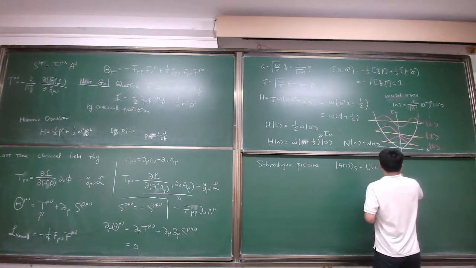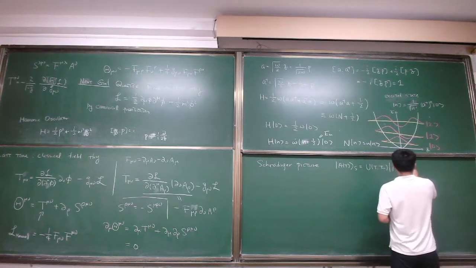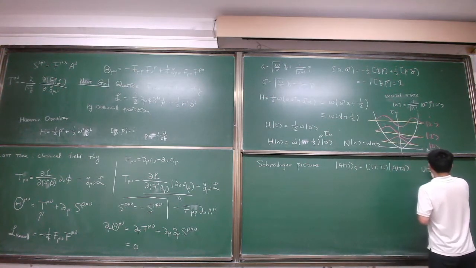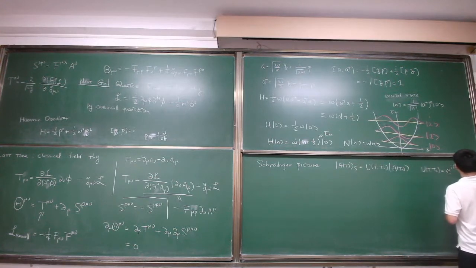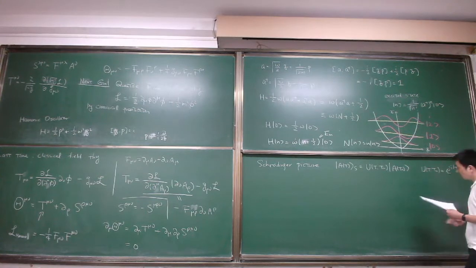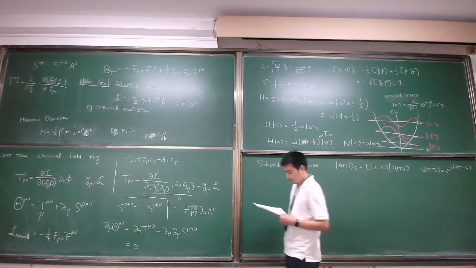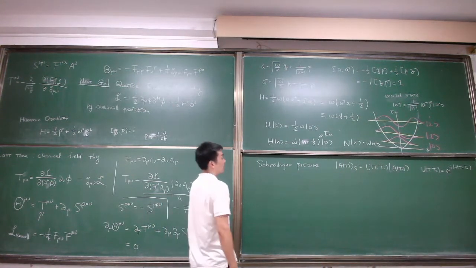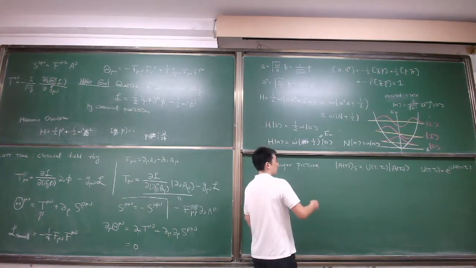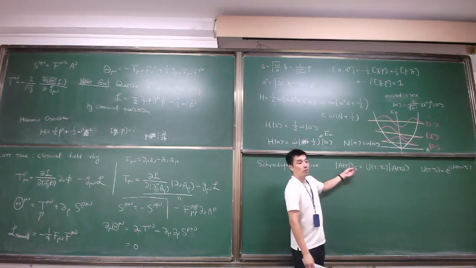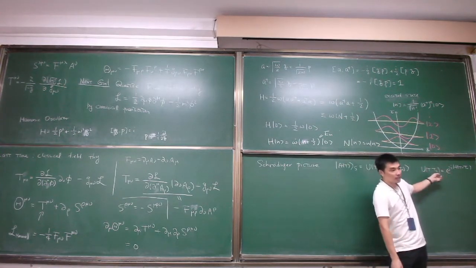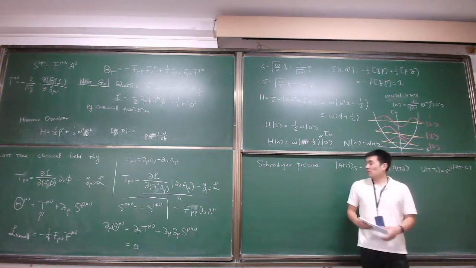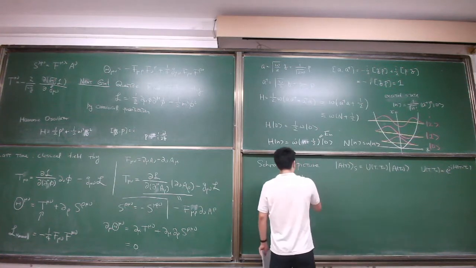U(t, t0) is e to the minus I H (t minus t0). Minus sign. So it's about showing the picture. The state will change by a unitary transformation. Therefore, you get the Schrödinger equation.